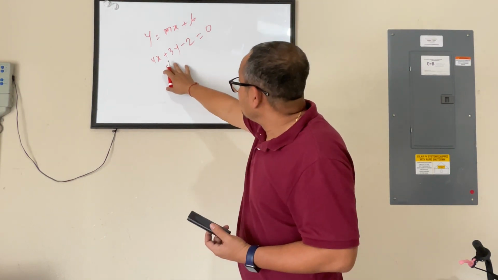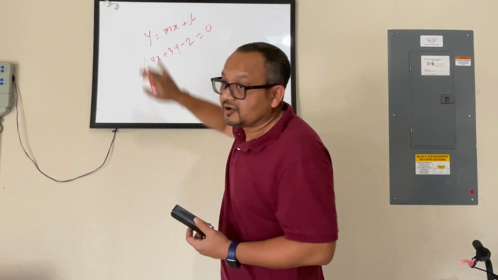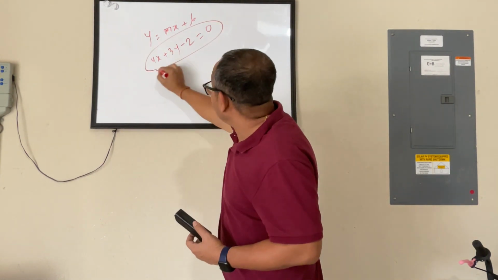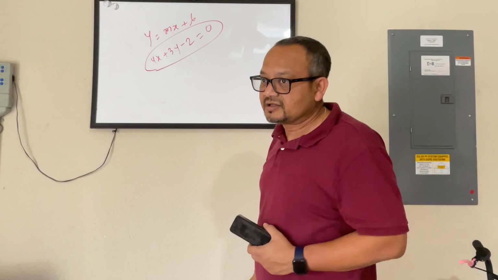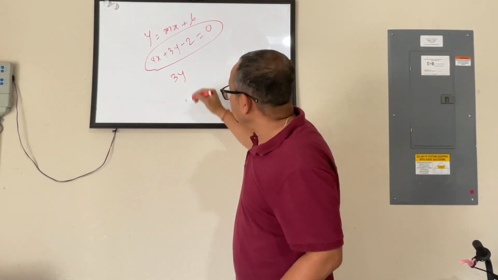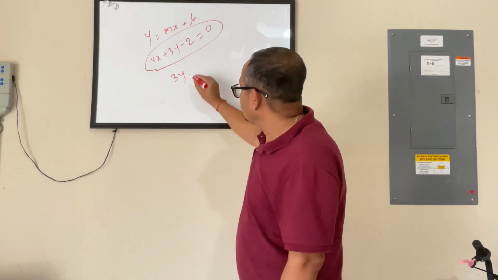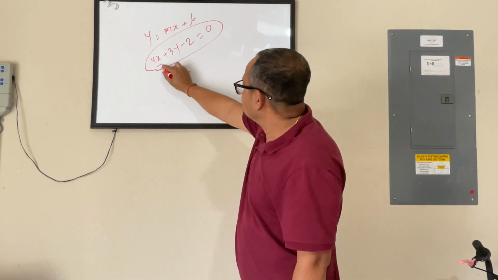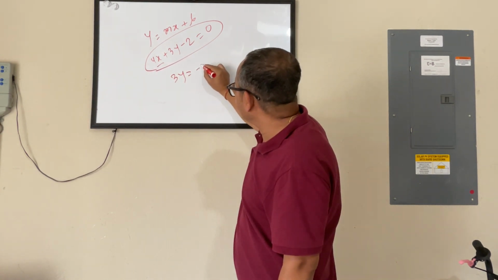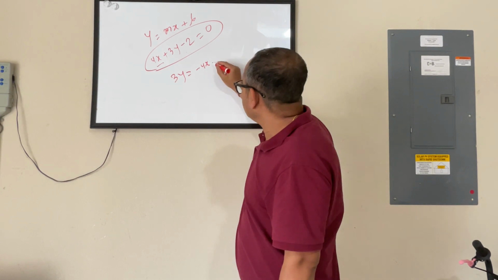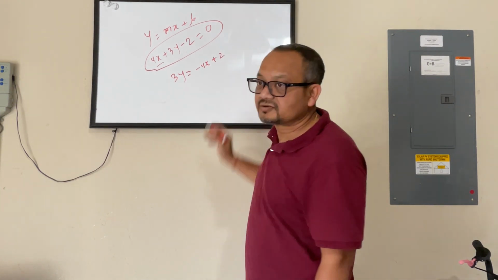What you will do is, you will convert this equation into this form. So, try writing this equation like y equal to mx plus b. Meaning, y should be on one side. So, I will put 3y on one side. Everything else goes to the other side. So, this guy goes here. 4x becomes minus 4x. Minus 2 goes this side. Minus 2 becomes plus 2.